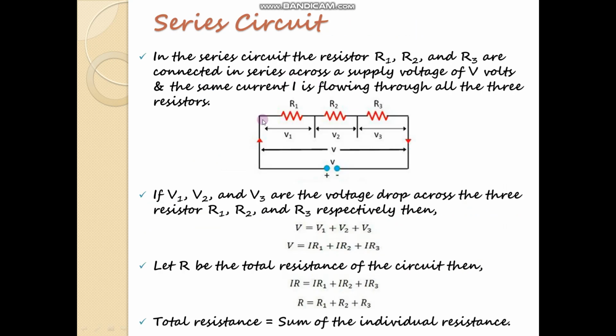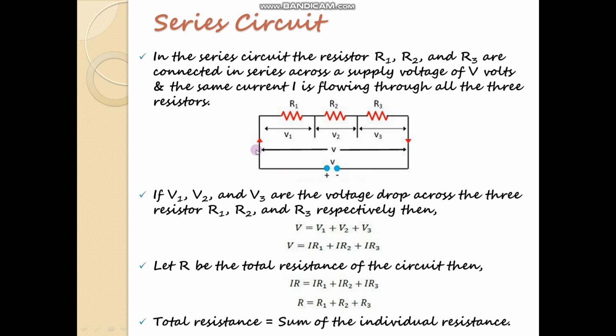First is the series circuit. See, here are the three resistors R1, R2 and R3. Okay, and the three resistors are connected in series across the supply voltage of V volts. When we apply the voltage, then current I will start flowing through R1, R2 and R3. Means the same current will be there.